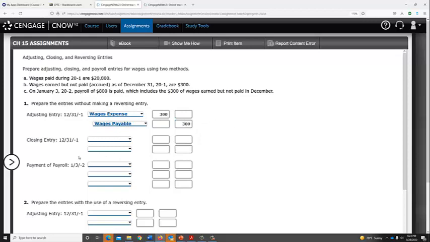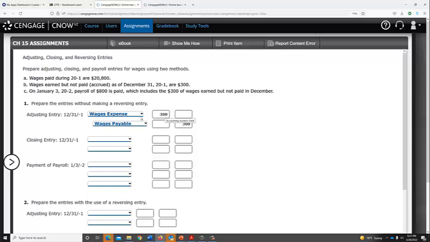Now we need to complete the closing entry. Okay, so we know that we close revenues and expense accounts. The only expense account that we're given here is wages expense. So if we had $20,800 before the adjustment and we added $300 more, then we're going to have a balance in wages expense of $21,100.